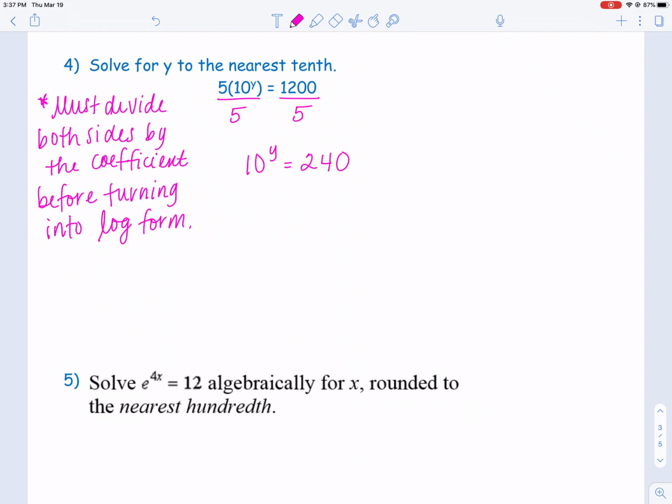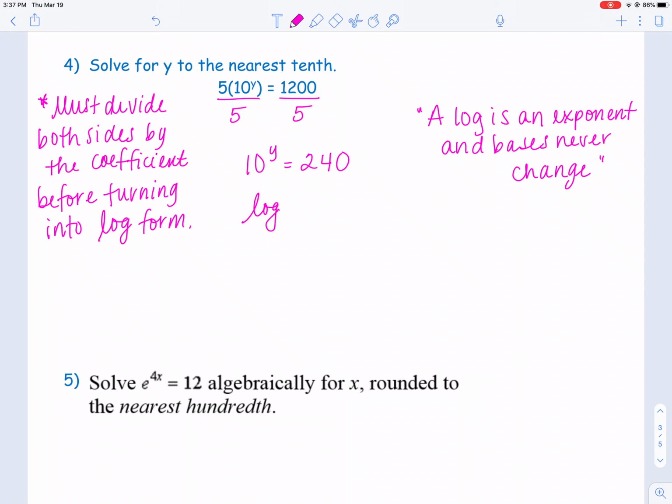Now if we turn this into log form, again, remember, a log is an exponent, so it equals the exponent, and bases never change. So think about this.